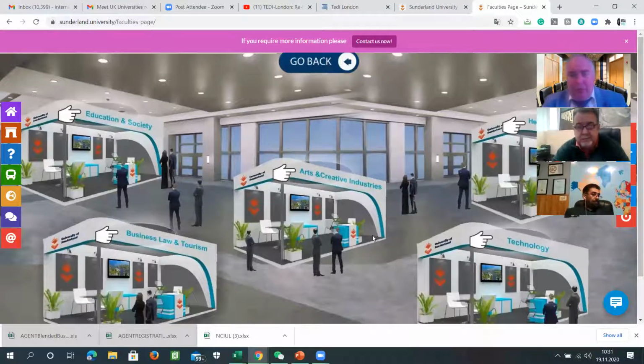Now, what is very important is to explain a little bit how University of Sunderland and WEBA are working in this concept and how we can help the agents. Because our idea was that every agent will have the possibility to work and to recruit students for University of Sunderland. And for this, we created an agreement with University of Sunderland.